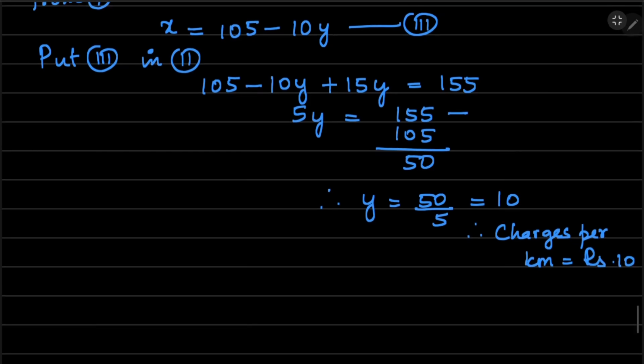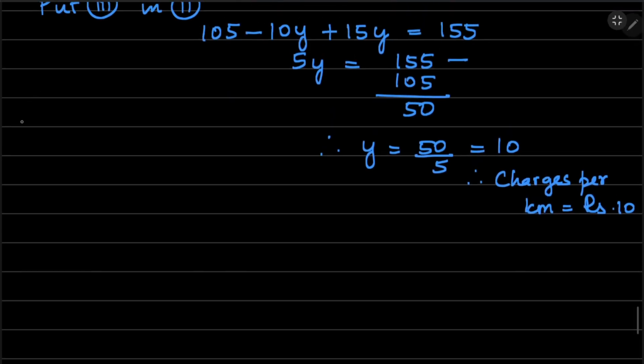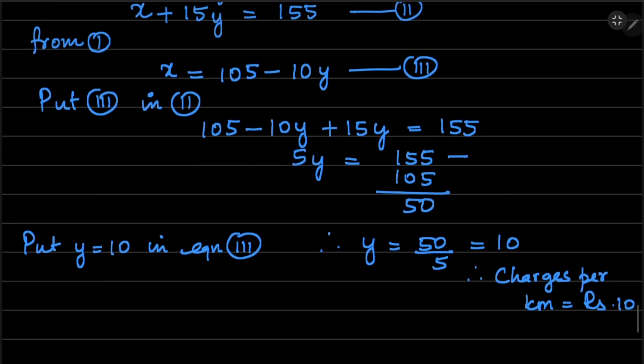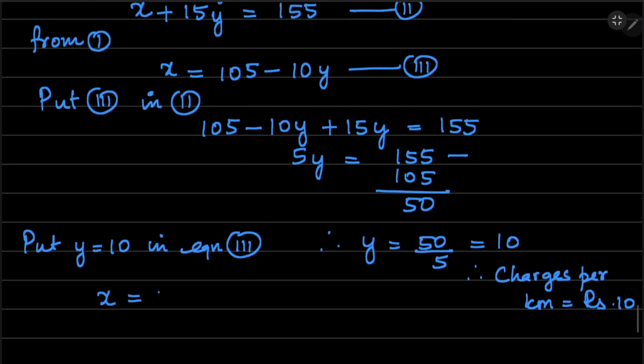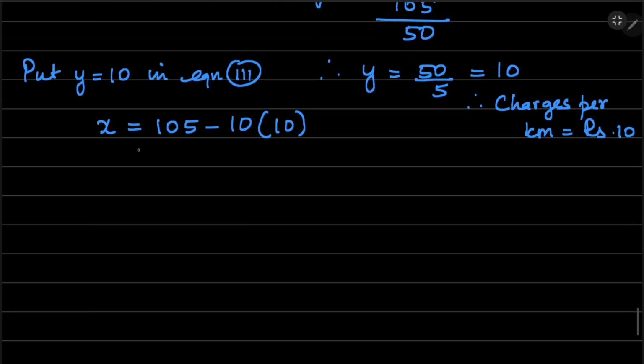Okay. Now you can put Y equal to 10 in equation 3. So what is your equation 3? X is nothing but 105 minus 10Y. In place of Y, I'll put the value Y equal to 10. So what is it? 105 minus 10 into 10, which is 100.